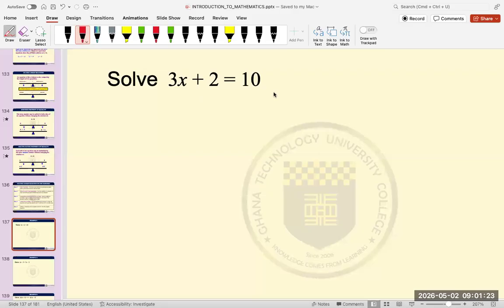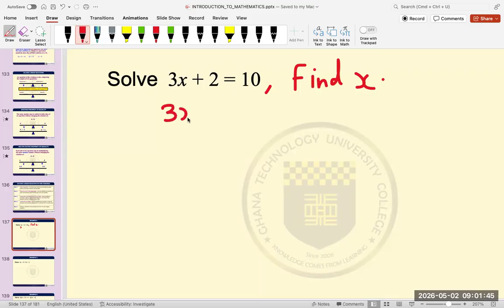Now 3x plus 2 equals 10. So the question is, find x. So like terms together, this 2 is not part of x, it's part of a number, so it has to go to the other side.